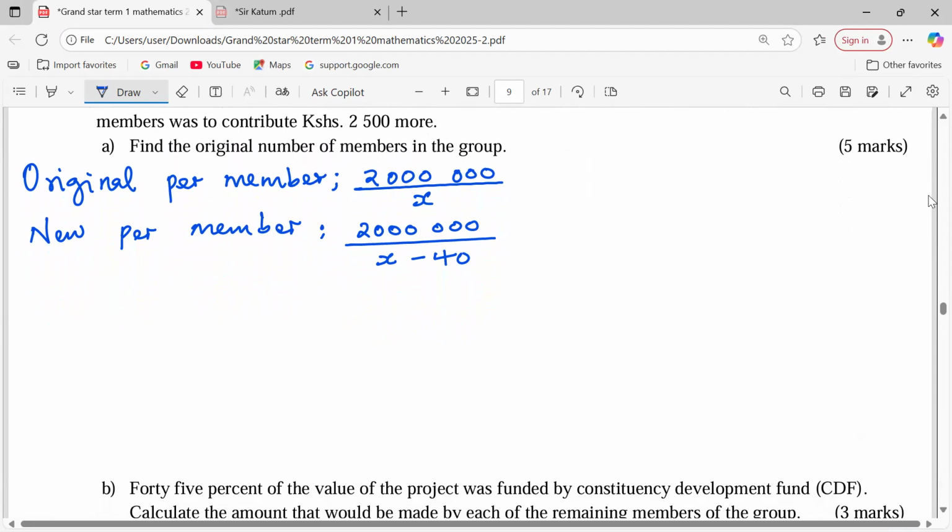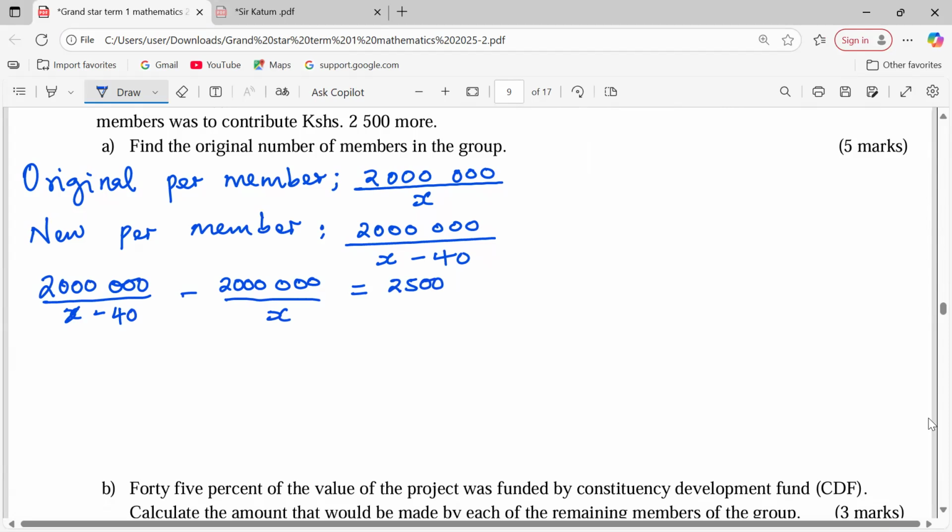Therefore, when we take the new amount that they are giving now, this is the new amount they are giving, minus what they would have given before the withdrawal of some of them, then we're supposed to get the 2,500.